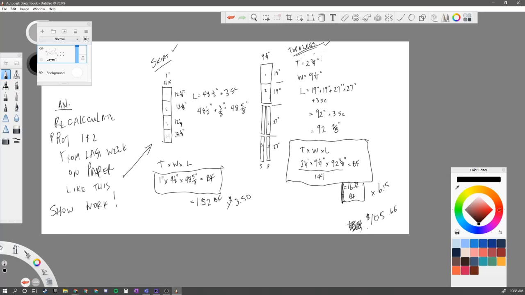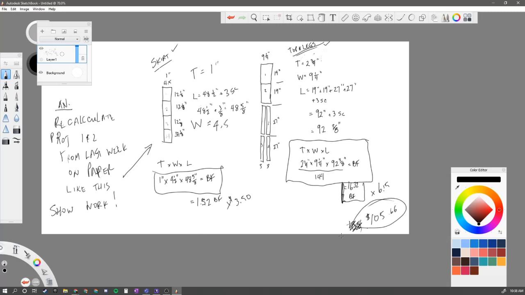But basically, I want to see a little diagram that shows that you stacked the parts up properly, that you've labeled the lengths of each of the parts and the width. You're going to be writing out length, width, thickness somewhere off to the side, like I've done here: thickness, width, length, and then put in your formula and do your calculation and your price and give me a total price.